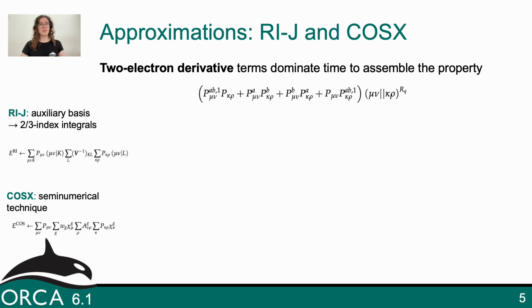So as a brief reminder, RIJ is usually used to speed up constructions of Coulomb or Coulomb-like matrices, and the basic idea is to expand products of basis functions in an auxiliary basis set so that the Coulomb matrix or energy is then constructed from 3-index and 2-index quantities rather than from the 4-index two electron integrals, while COSX is a semi-numerical approach where one of the integrations needed to construct the integral is done analytically, while the other one is done numerically on some finite real space grid, and this allows you to screen contributions effectively.